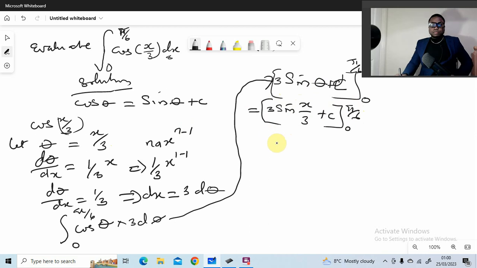So now we do our normal substitution. Anywhere we see x, we substitute with pi over 6 for the upper limit, and for the lower limit we substitute with 0.